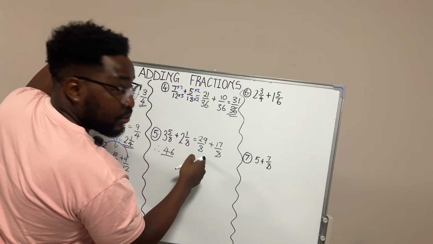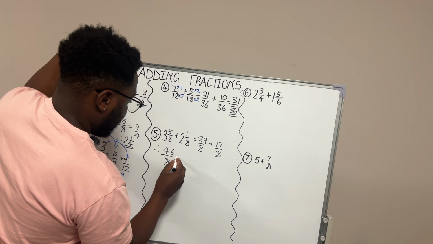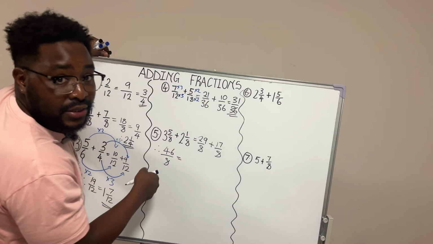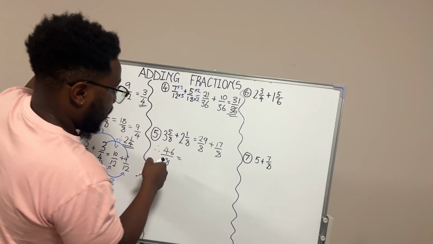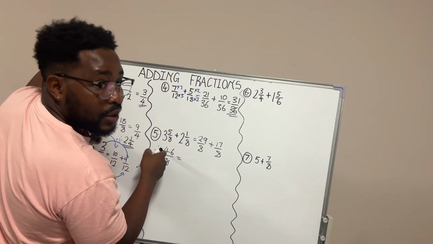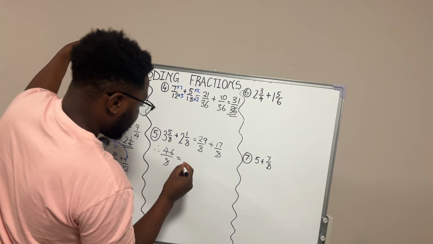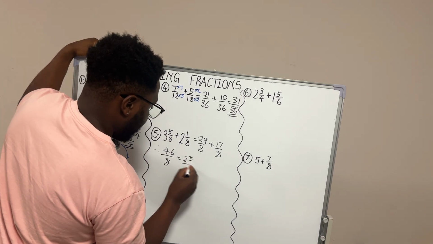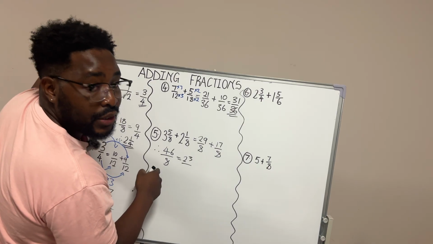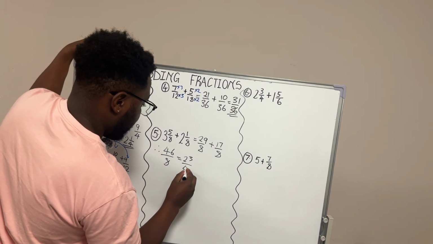46 over 8, right? We can simplify this. 2 into 46 is 23, and 2 into 8 is 4.